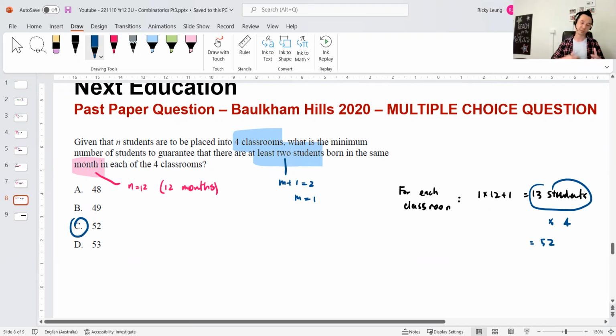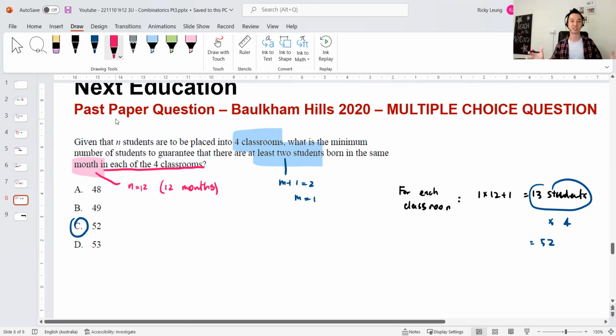So I got myself in a loop between considering the 4 and I was trying to put all the people in the same class. They've separated it. So they're saying in each, and I think that's the key word there, in each of the 4 classrooms. So basically, it's a pigeonhole principle for each classroom. 13 students are required to double up on a month for each one, 52 in total.